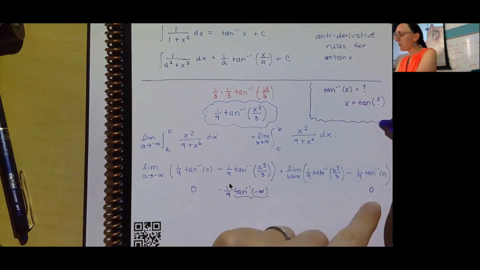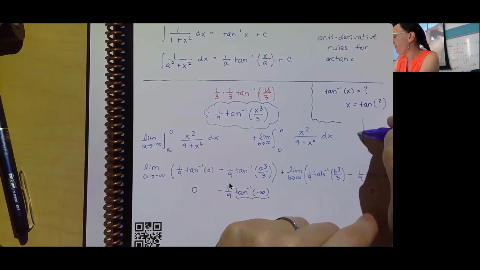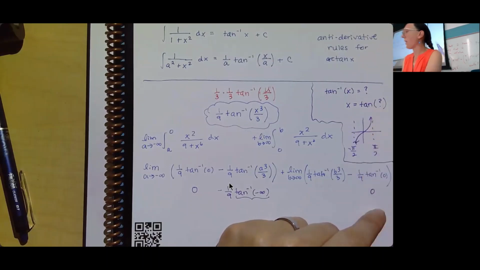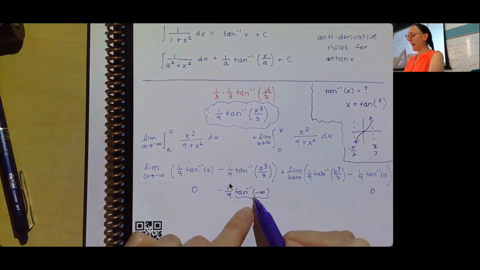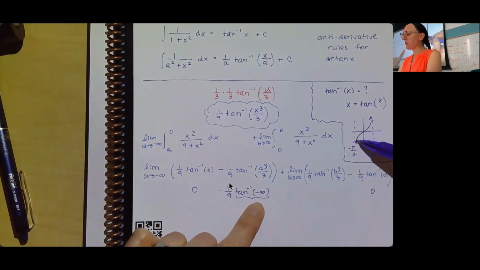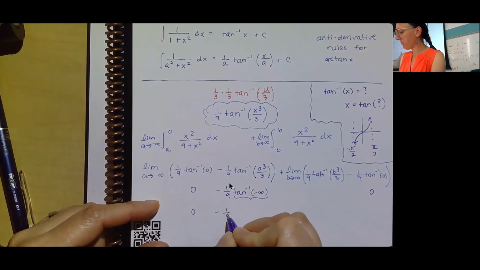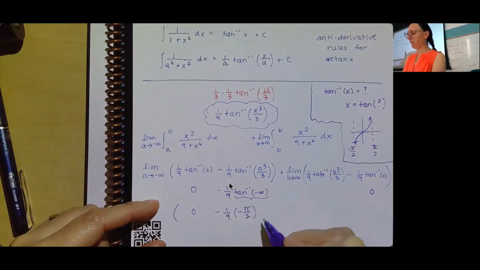And that one, maybe we want to think about what the graph of tangent looks like. So I've got a negative pi over 2 and a pi over 2 on that tangent graph, and it kind of almost looks like a cubic inside. It's not quite, but has a similar shape to that. So the angle where tangent is going to negative infinity is negative pi over 2. You could choose to just memorize that as a number, or you can think about it from the graph.